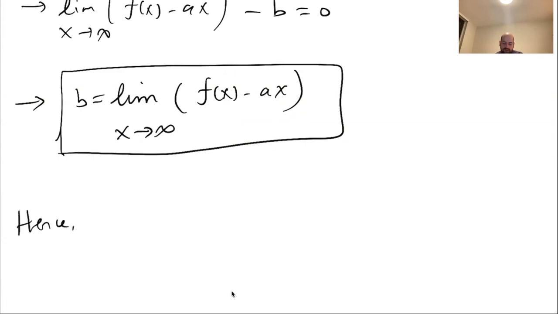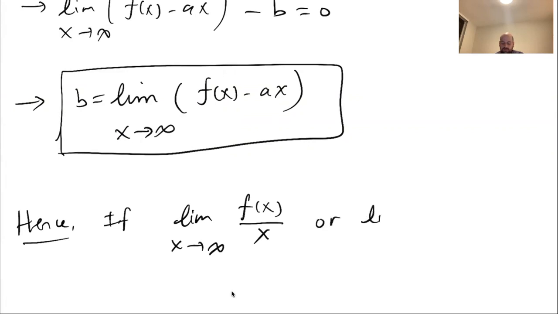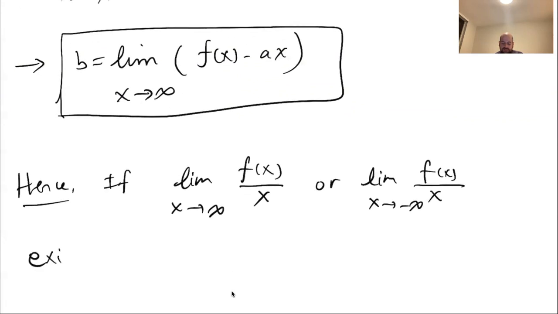Hence, if the limit of f of x over x as x goes to infinity, or the limit of f of x over x as x goes to minus infinity, exists and is finite and non-zero. So when we say exists, it means it must be finite as well.